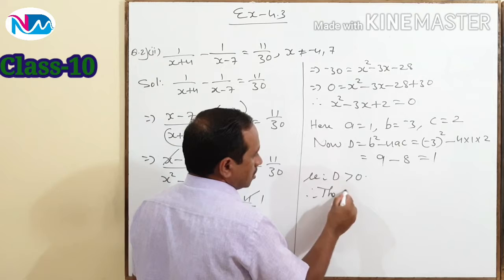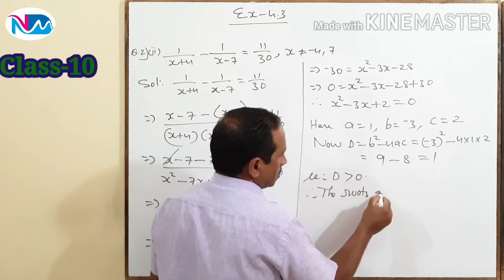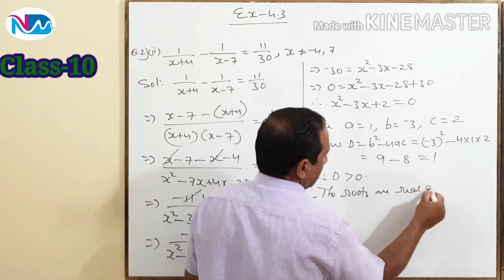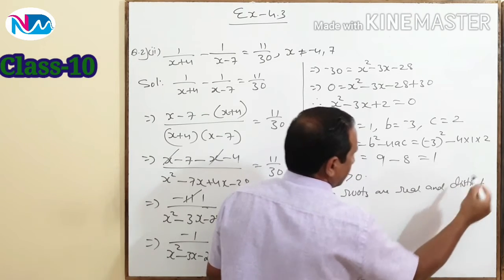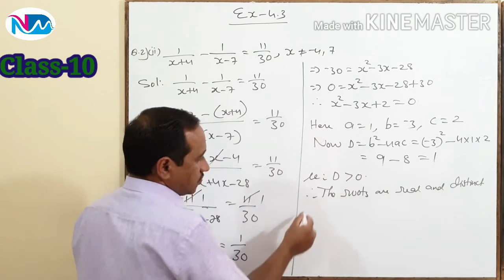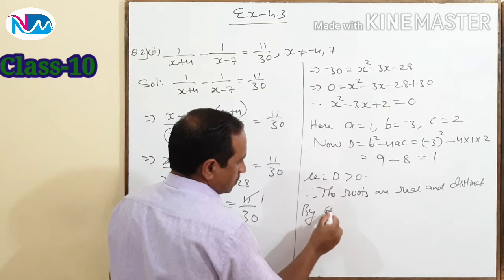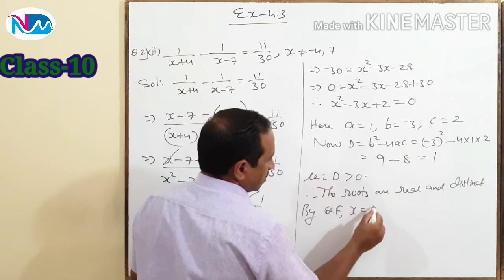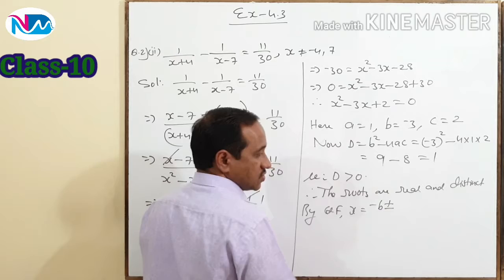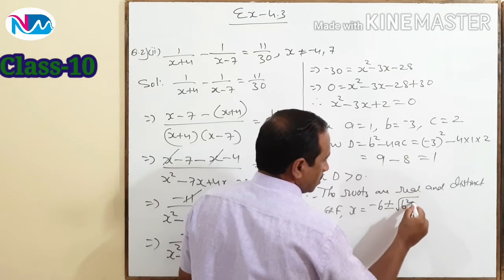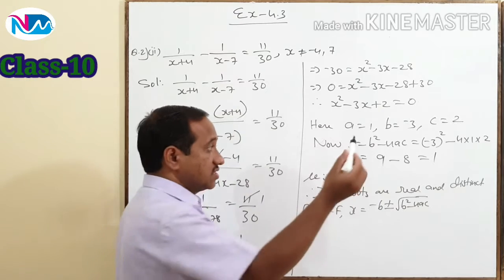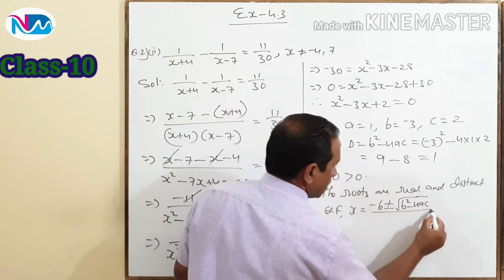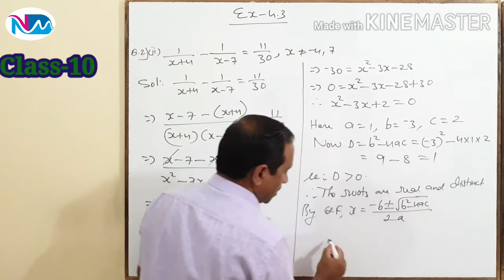Therefore, the roots are real and distinct. Now by quadratic formula, x is given by minus b plus or minus root of b square minus 4ac, where b square minus 4ac means the discriminant, divided by 2a.